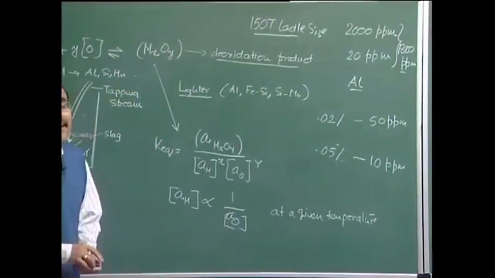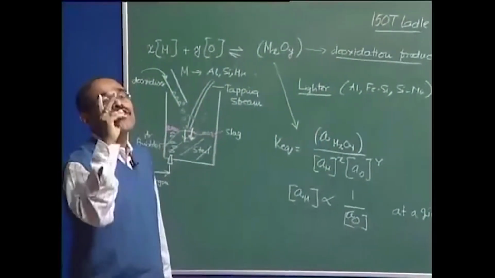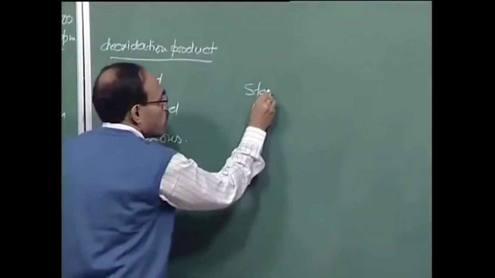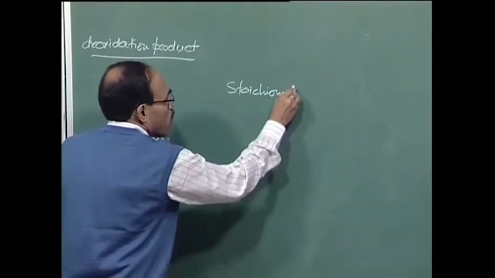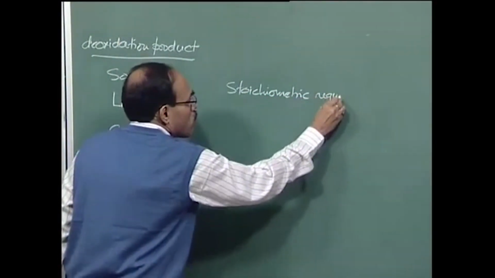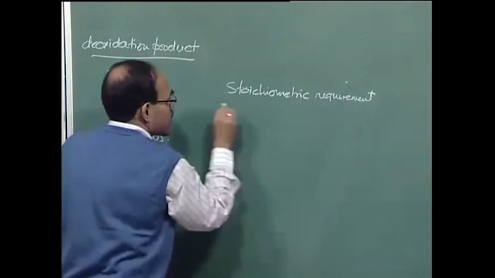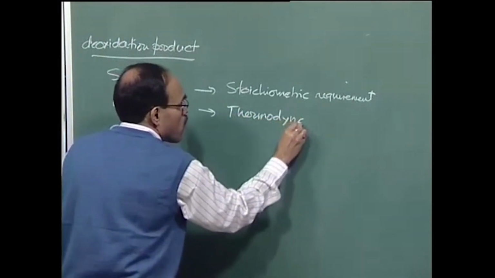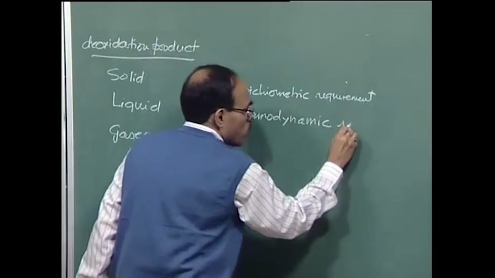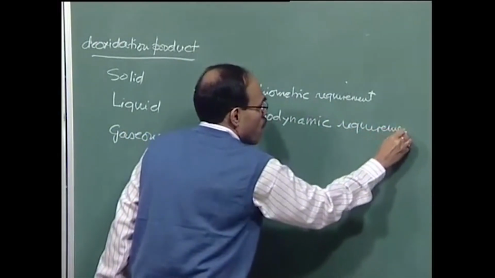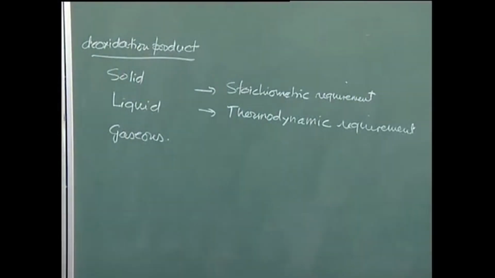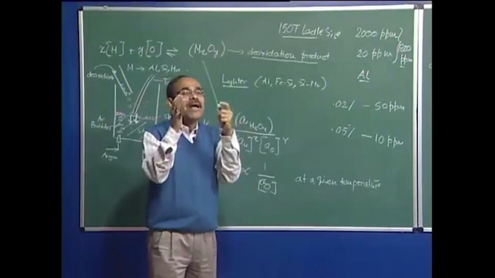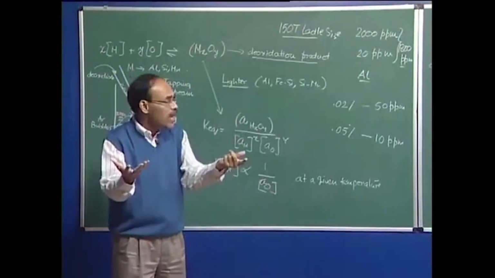We must understand that there are two requirements which the deoxidizer has to fulfill. One is called the stoichiometric requirement, and the other is the thermodynamic requirement. What do I mean by stoichiometric requirement? For every 16 grams of oxygen, you are going to need 27 grams of aluminum.